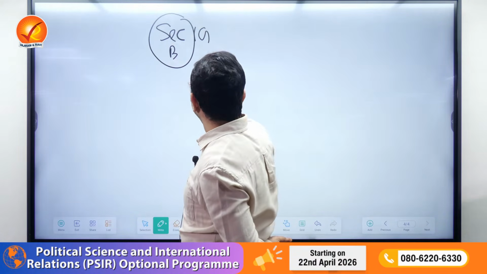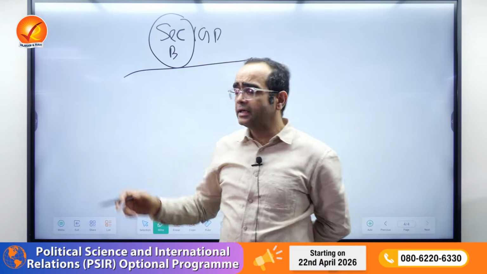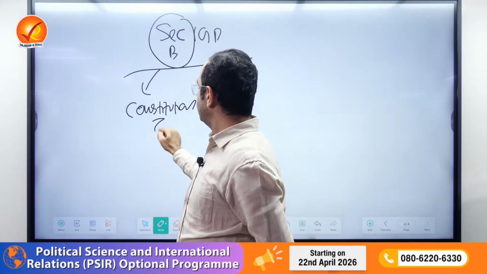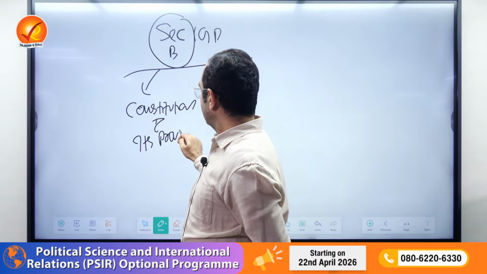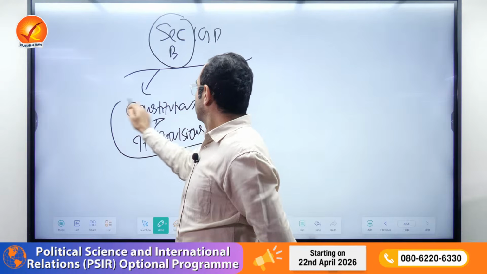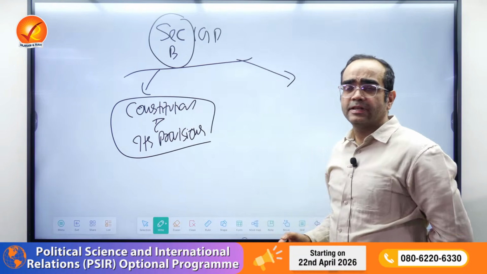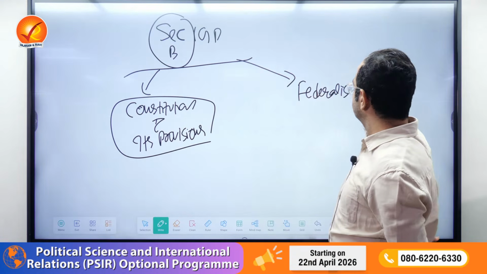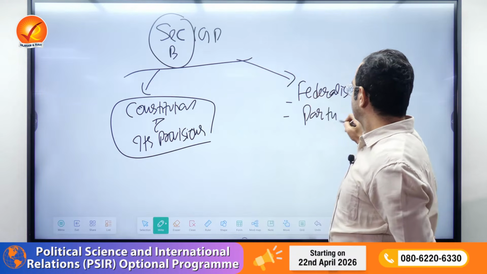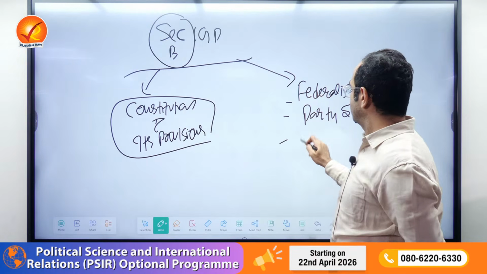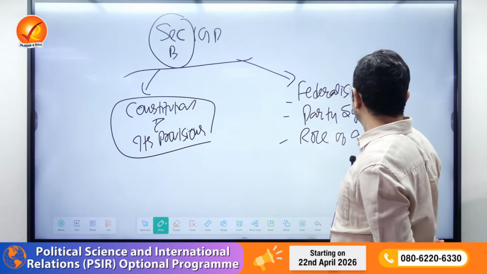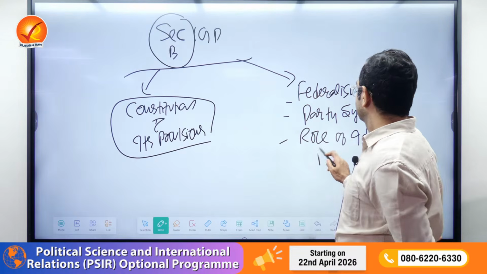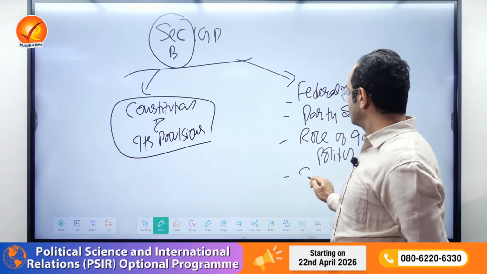Now in Indian government and politics, you have to discuss the constitution and its provisions, as well as you have to study the various applied parts also, like federalism, party system, for example, role of caste, role of identity markers, you can say, role of identity politics in India, as well as social movements, for example.